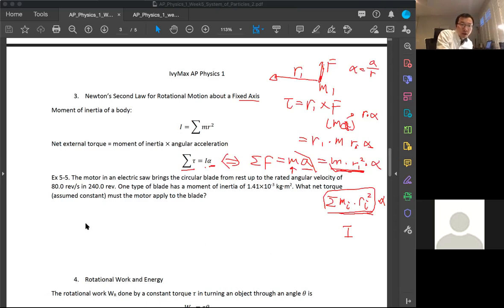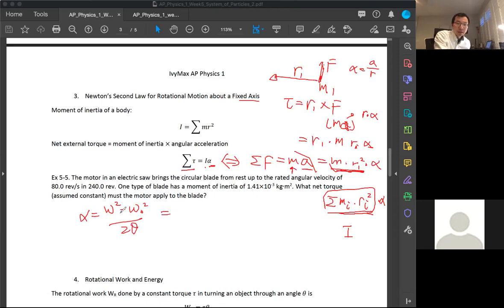So starting from figuring out alpha, since we know the initial angular velocity is 0 and the final angular velocity is given, we can use the formula alpha equals omega squared minus omega naught squared over 2 theta.